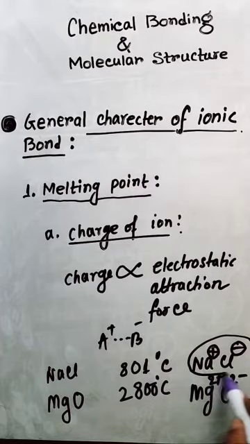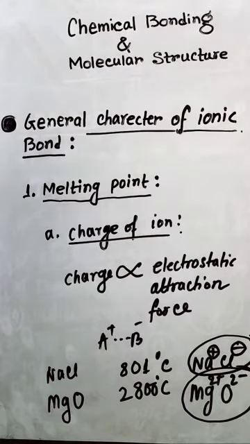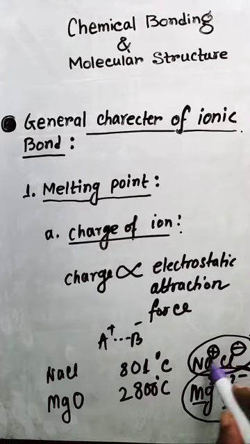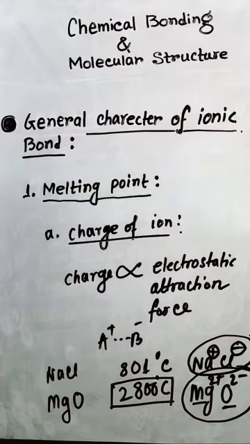So in case of sodium chloride, they are present as uni-positive and uni-negative ions, and in case of magnesium oxide, they are present as di-positive and di-negative ions. So consequently, the attraction between magnesium cation and oxygen anion is more than in sodium chloride. So they require more energy to melt them. So sodium chloride has a lower melting point than magnesium oxide.